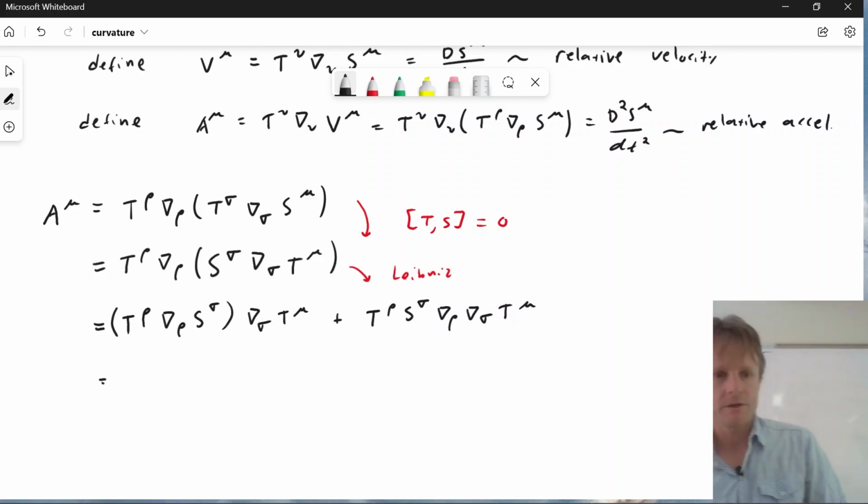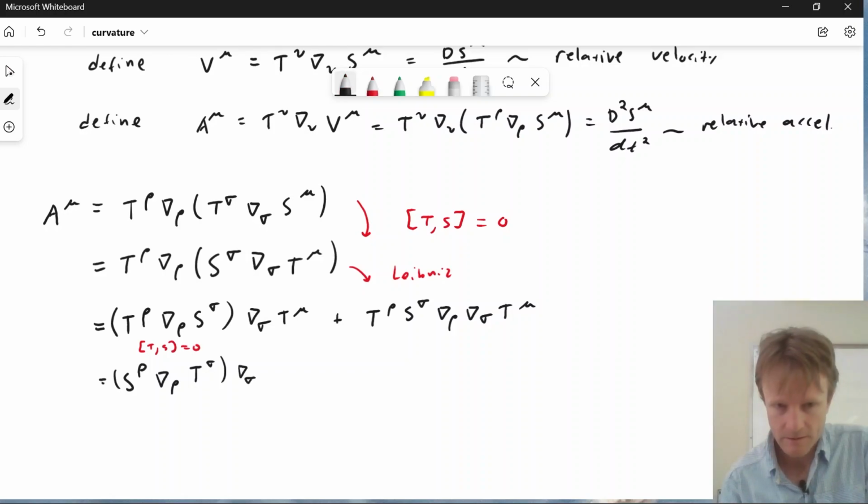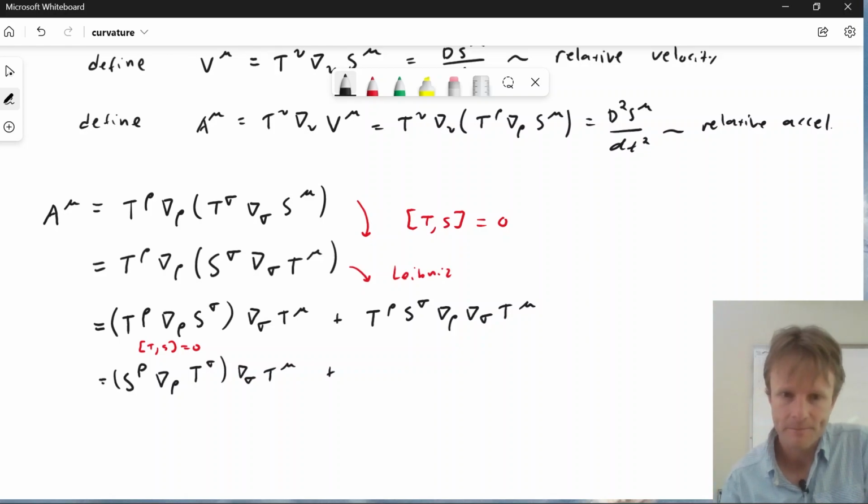Okay, now we'll use the commutator again. So this one will be S^ρ ∇_ρ T^σ. So this is again that the commutator of T and S equals 0, times ∇_σ T^μ, plus the second term.